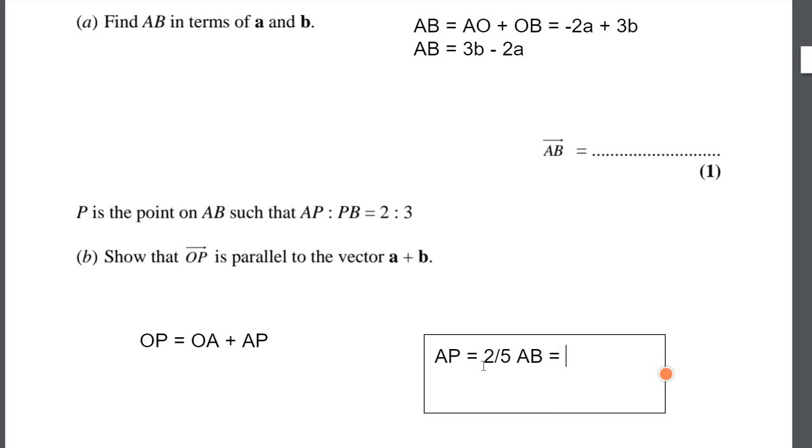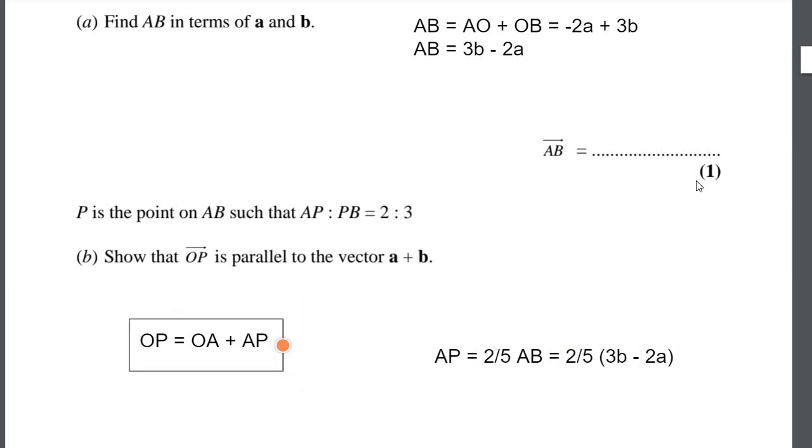So it's going to be 2/5 of our value of AB, which we found in part a from the previous question: 3b minus 2a. So that is what we are going to write down here. Now this is our AP.